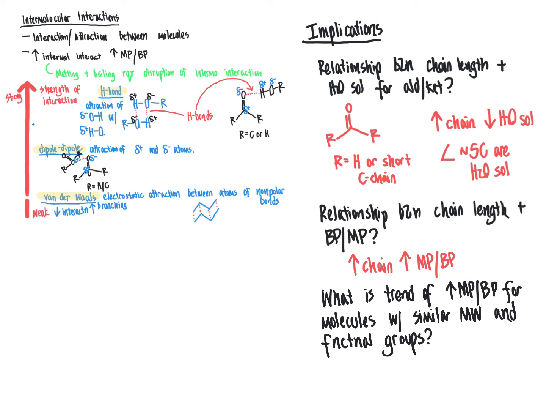So we want to organize these in order from the lowest melting point and boiling point to the highest melting point and boiling point. The ones that we are going to focus on here are alkanes with just carbon-carbon bonds and carbon-hydrogen bonds, aldehydes and ketones, which I bucket together since they have very similar properties due to having a carbonyl directly bonded to either exclusively carbon atoms or carbon atoms on one side and a hydrogen on the other in the case of aldehydes, and then alcohols.